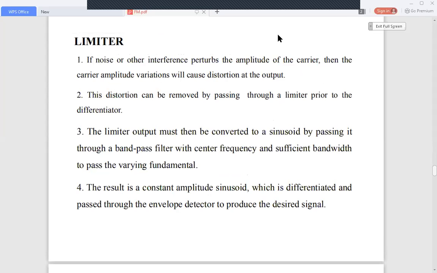If there is distortion, the message is contaminated. This distortion can be removed by passing through a limiter prior to the differentiator. The limiter output must be converted to a sinusoid by passing it through a bandpass filter with the center frequency and sufficient bandwidth.